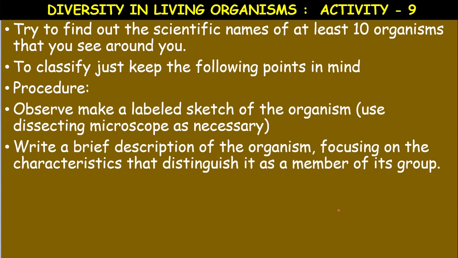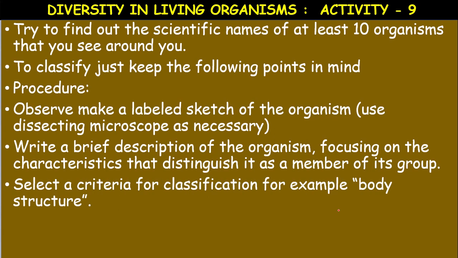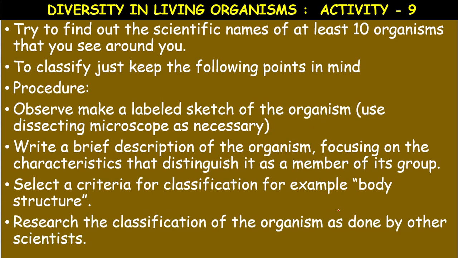Write a brief description of the organism, focusing on the characteristics that distinguish it as a member of its group. Select a criterion for classification, for example, body structure. Research the classification of the organism as done by other scientists. The same procedure you can follow.